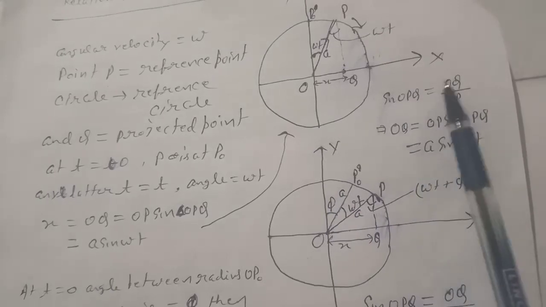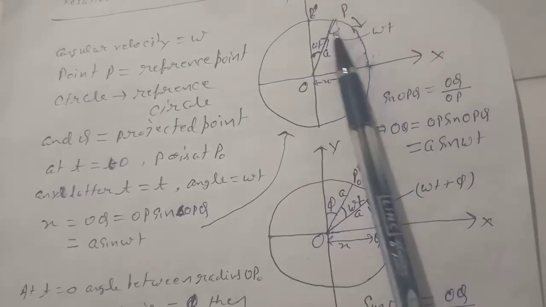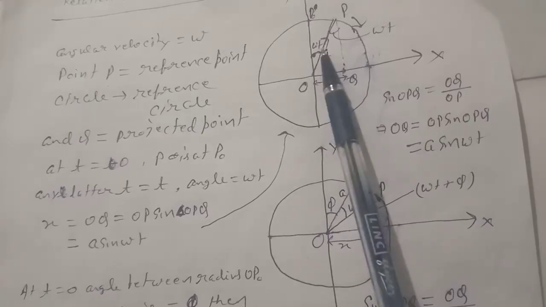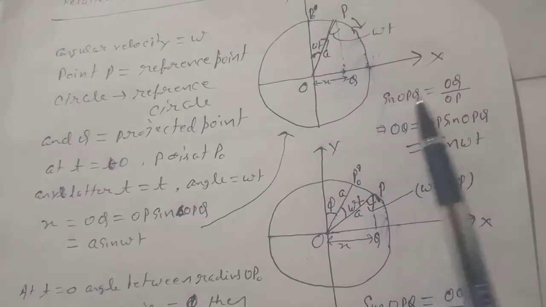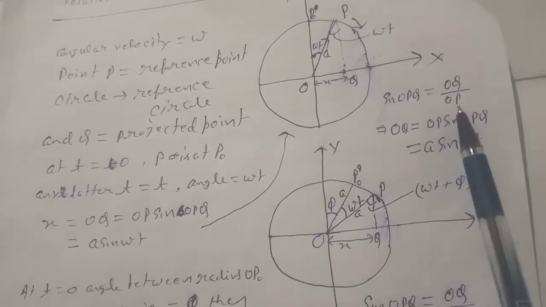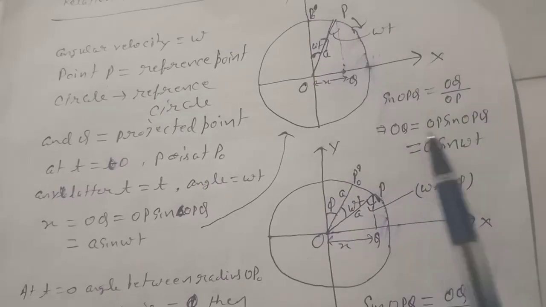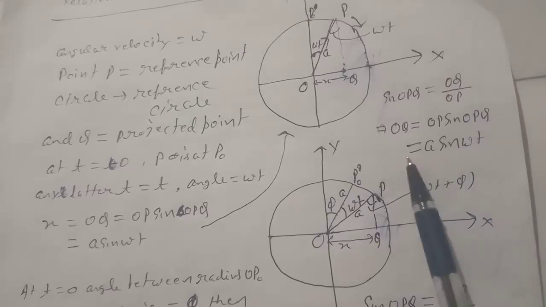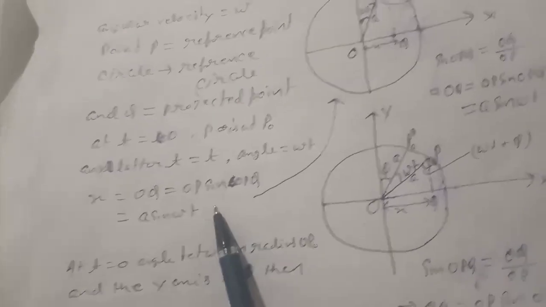So sine OPQ equals OQ by OP, perpendicular by hypotenuse. So this implies OQ equals OP sine OPQ, which equals A sine omega t. Here it is written.